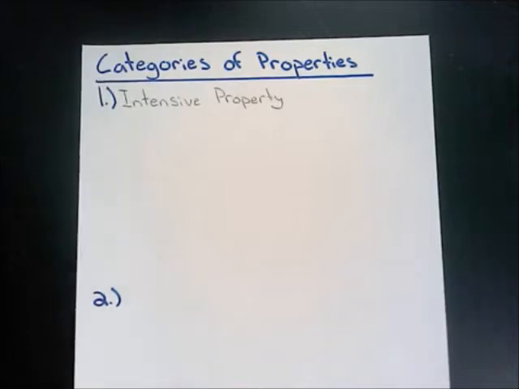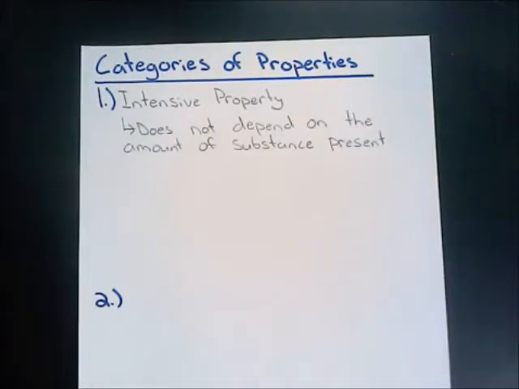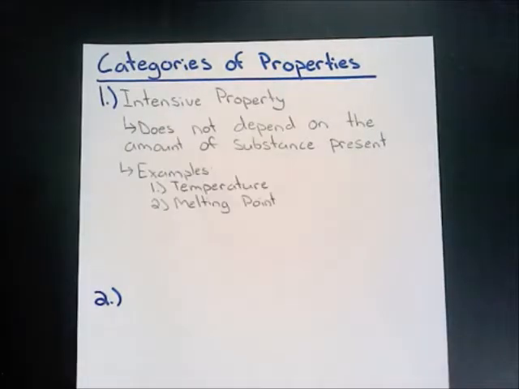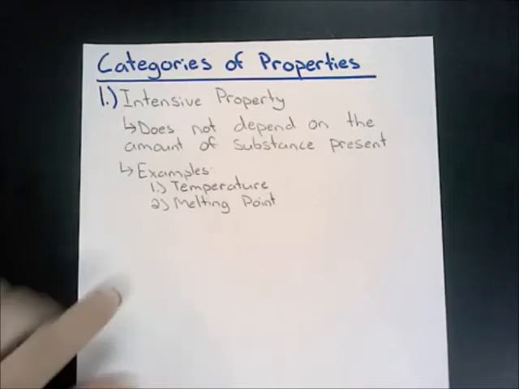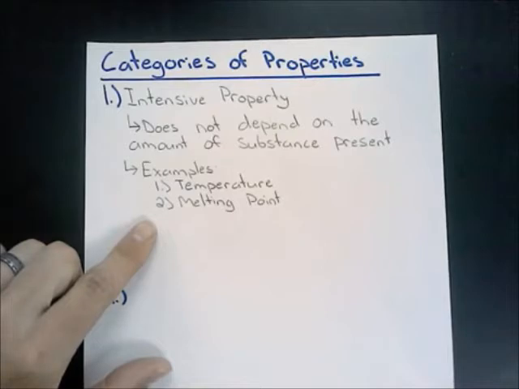And an intensive property does not depend on the amount of substance that is actually present. So some examples of intensive properties would be something like temperature or melting point. No matter how much of that substance we have, these values or these properties are always going to be the same. So take, for instance, ice.